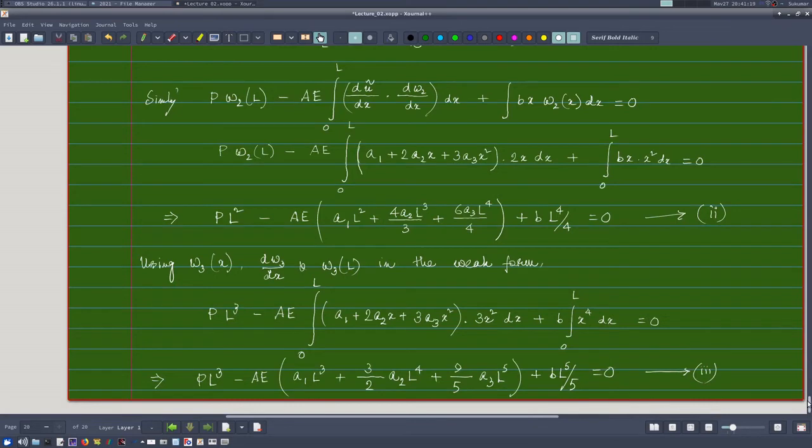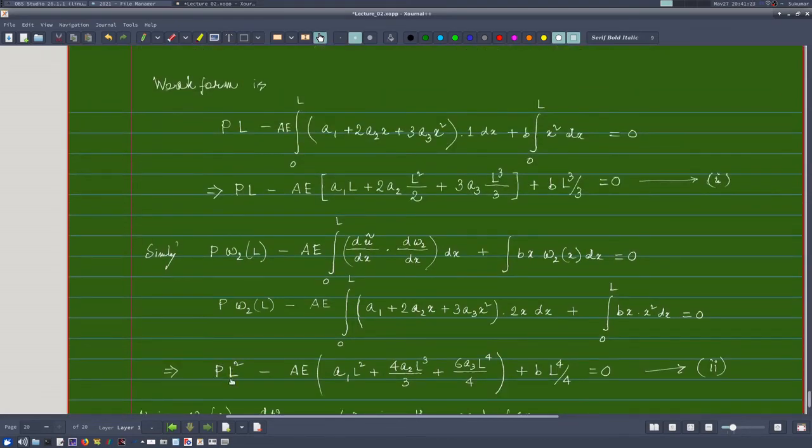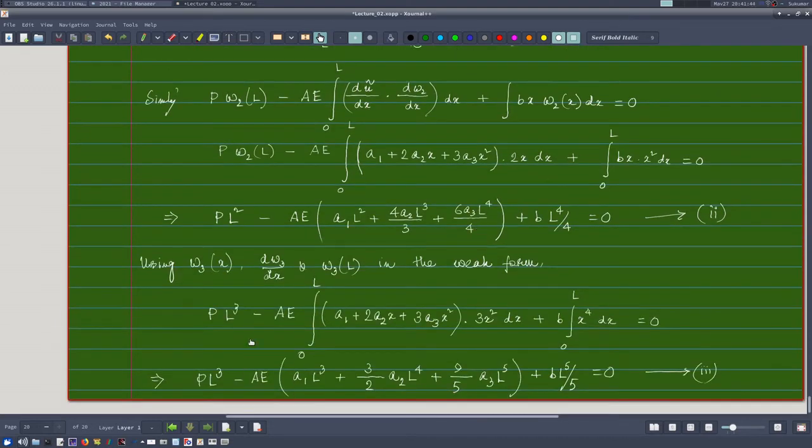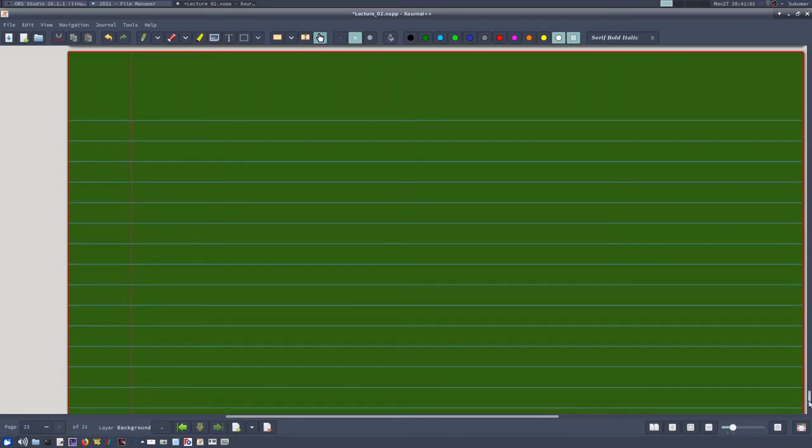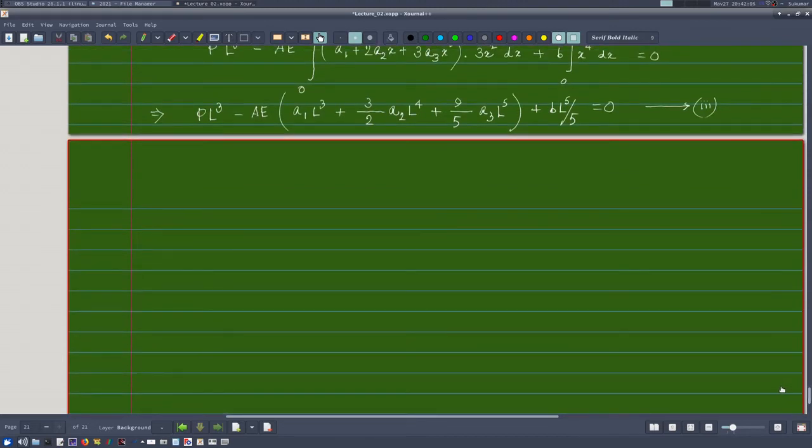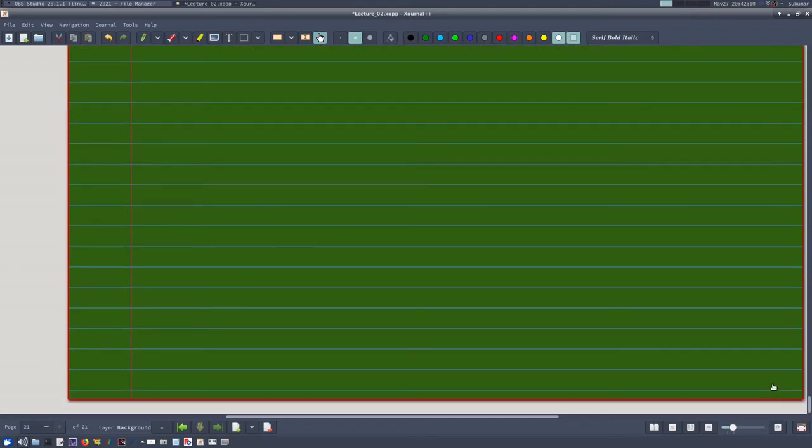For that you can use any method, but I think because this is PL square, I can multiply the equation 1 by L and then subtract that from equation 2, and similarly I can multiply equation 2 by another L, and subtract that from equation 3, and thereby I can eliminate one of the terms and two equations will remain, and solving them we can get the values of A1, A2 and A3.